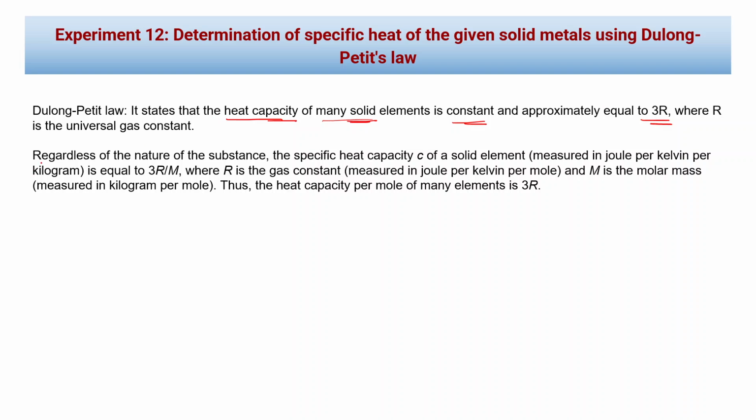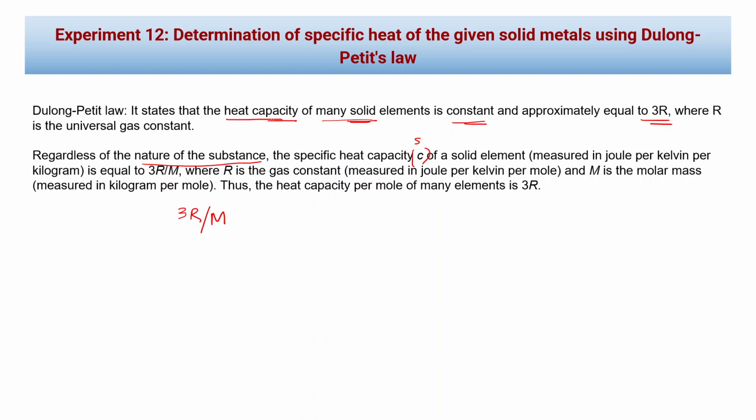So ultimately it's telling us that it doesn't matter what the nature of the substance is. Regardless of the nature of the substance, the specific heat capacity, which we can denote with C or S, anything is fine, of a solid element, measured in joule per Kelvin per kilogram, is equal to 3R per M. If we are talking about specific heat capacity, then we need to divide by mass.